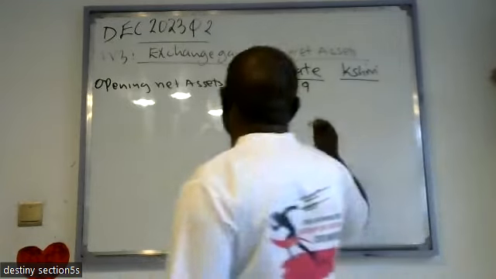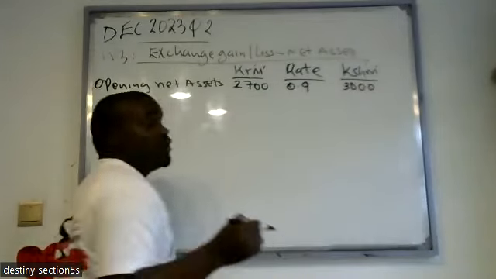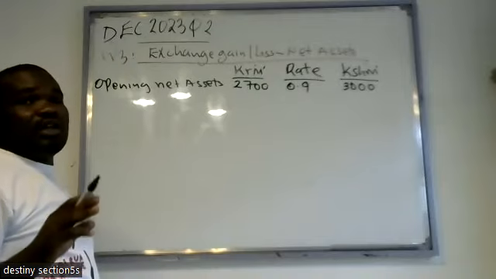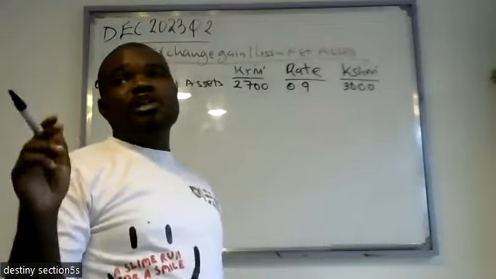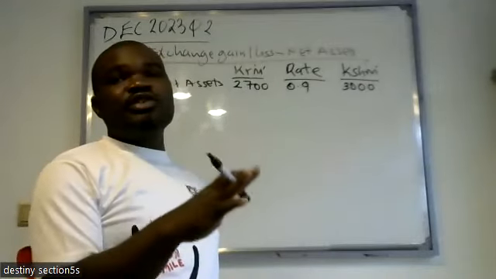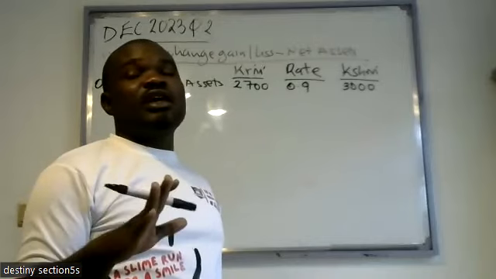Yes, 3,000, thank you. Then I want you to reason out very fast. What is net assets? Net assets are the equity components: ordinary, share premium, retained earnings, and revaluation. You find these other ones are constant, like ordinary and share premium.